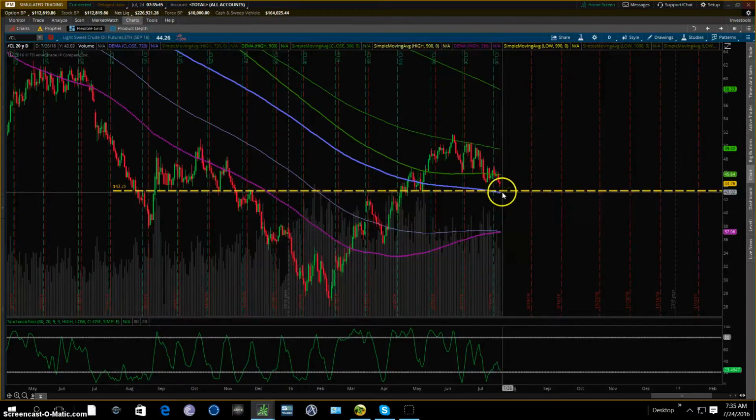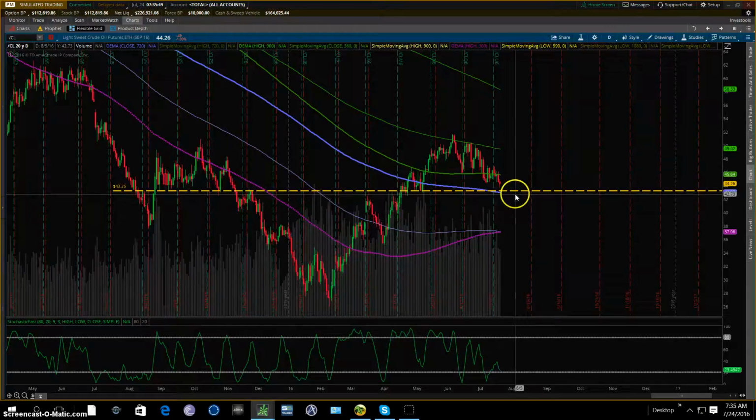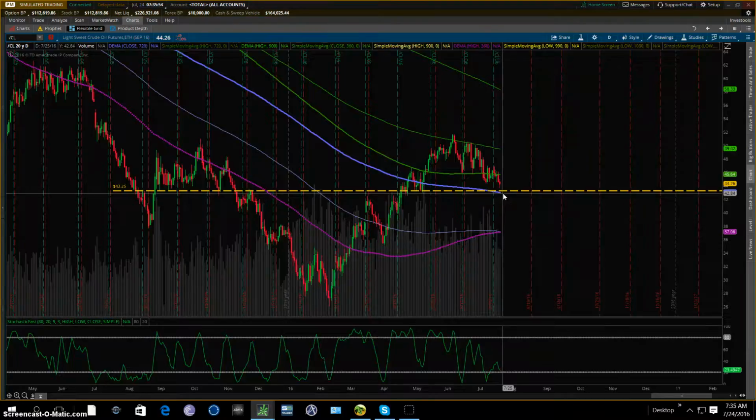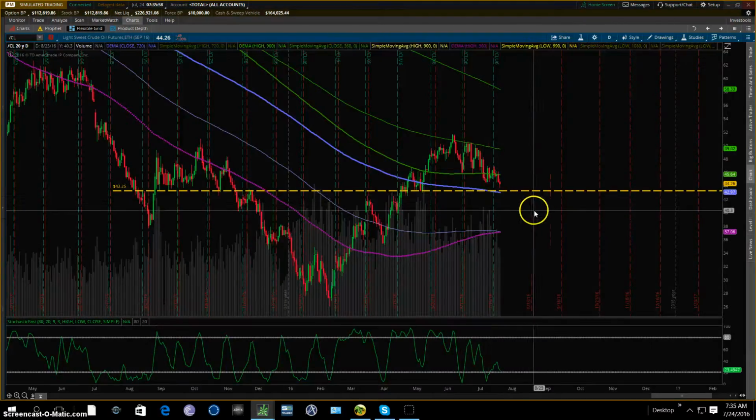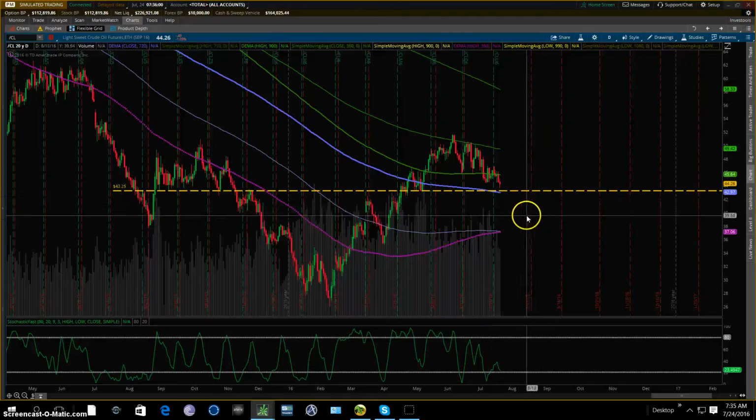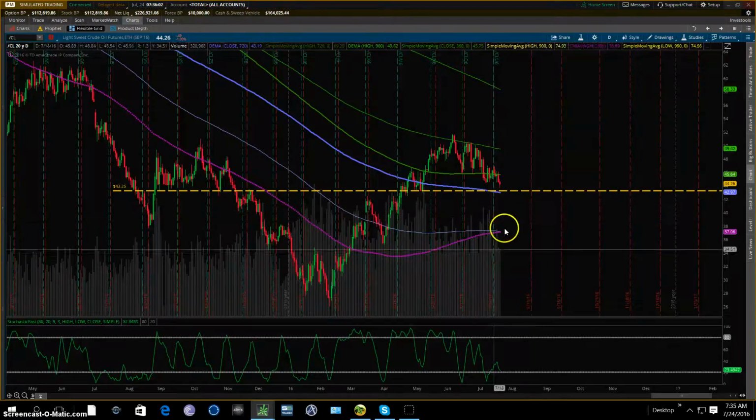Okay. It's definitely a good opportunity here to throw a contract on this lower 43s, breaking it down to smaller time frames.